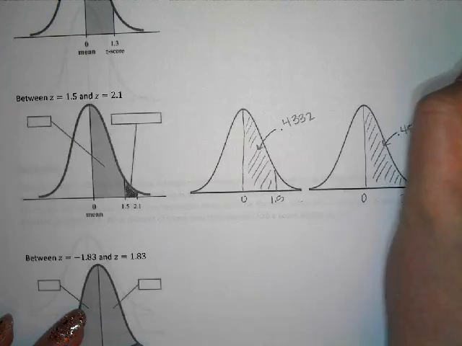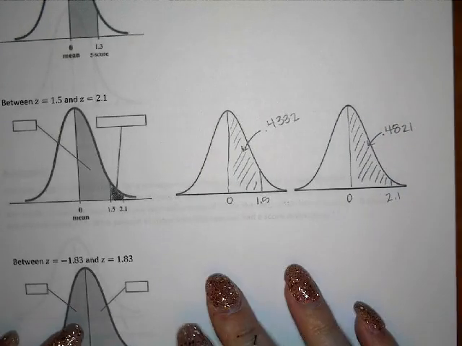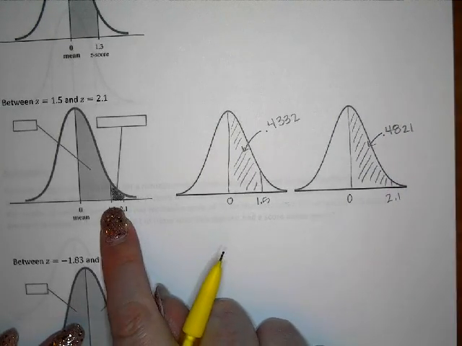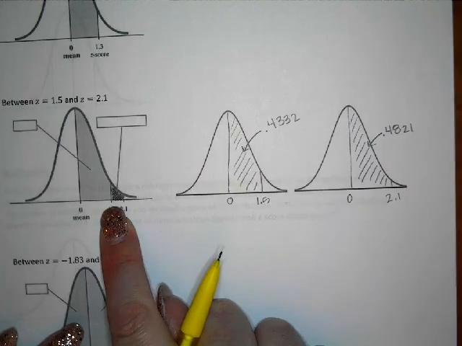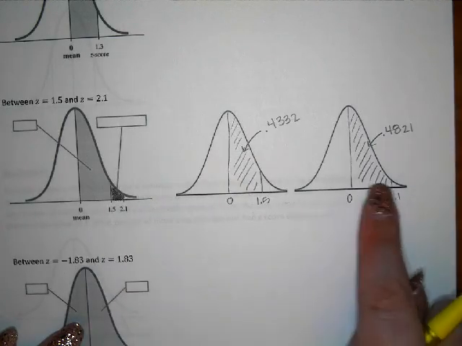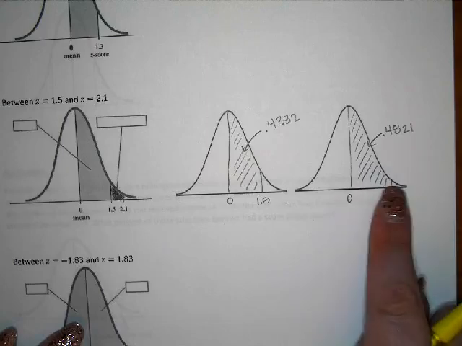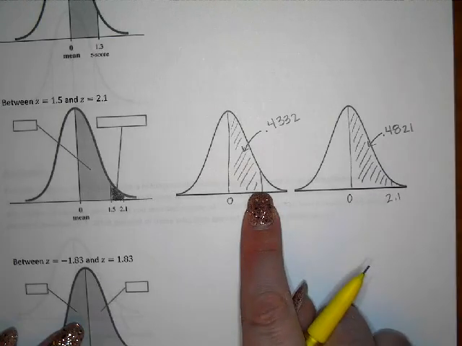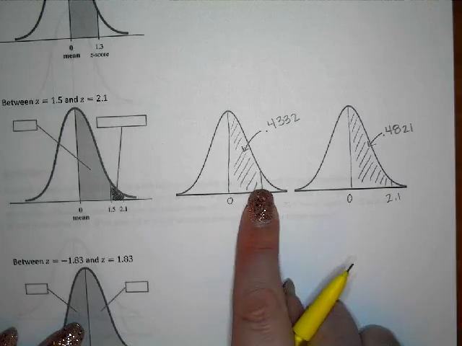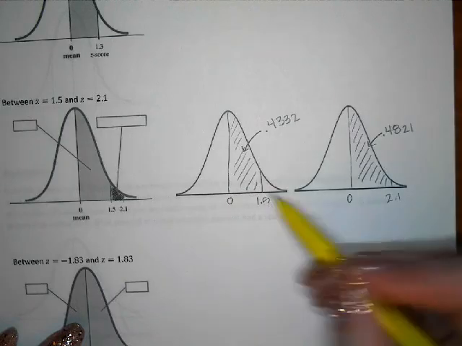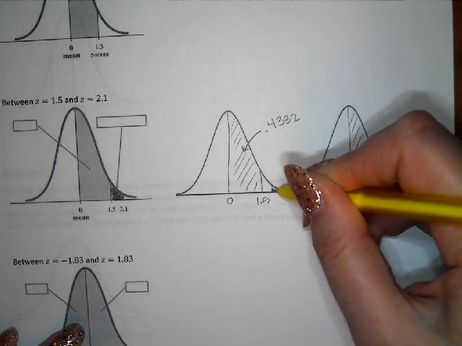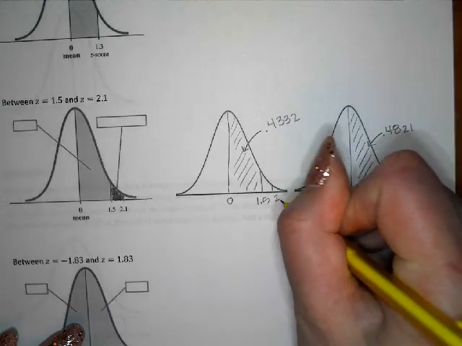So the area between 1.5 and 2.1 is going to be this entire area from 0 to 2.1, subtract off this smaller area. So if 1.5 is right here, then 2.1 is a little bit further, it's over here. And we're looking for this little sliver of an area between them.